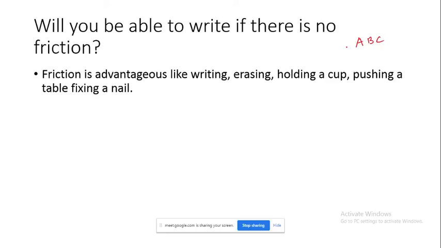Suppose your hand is oily, because you are working in the kitchen or you just touched oil, and then you try to pick up a glass. What do you think will happen? It will fall down. Is everyone feeling that it will fall down if you have some oil in your hand and you are trying to hold something?